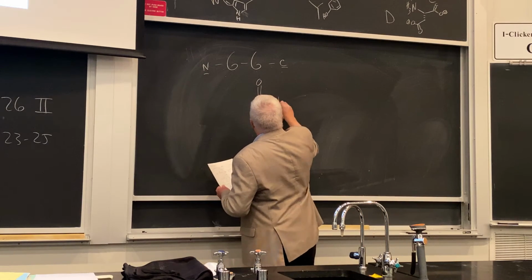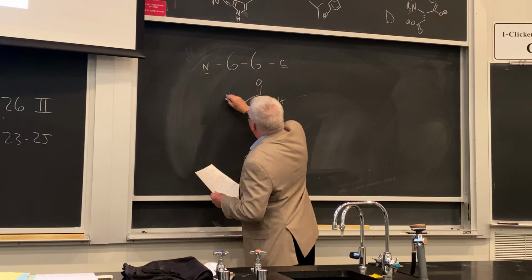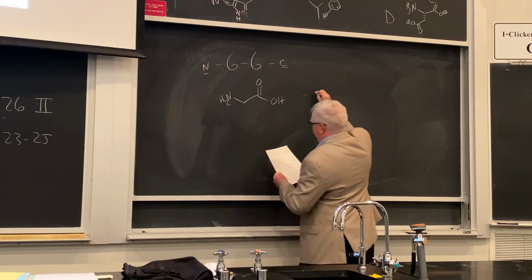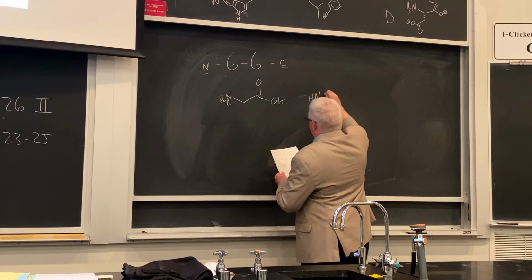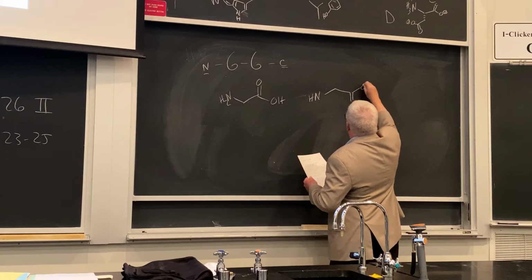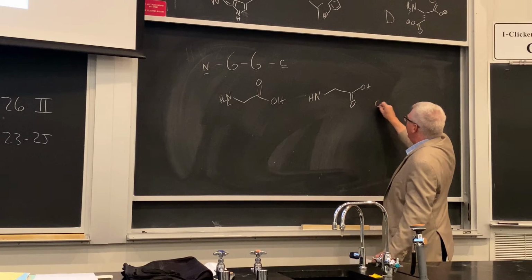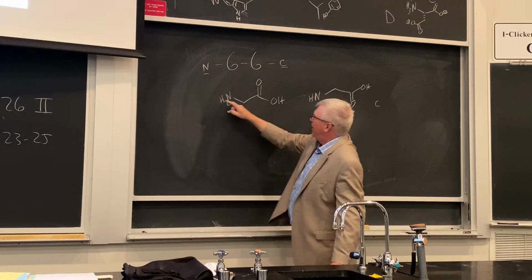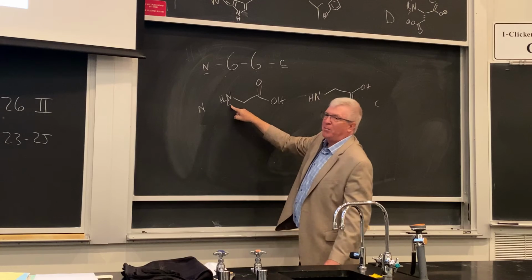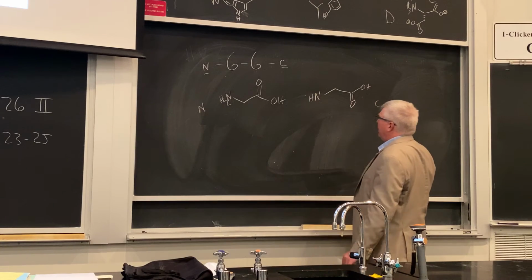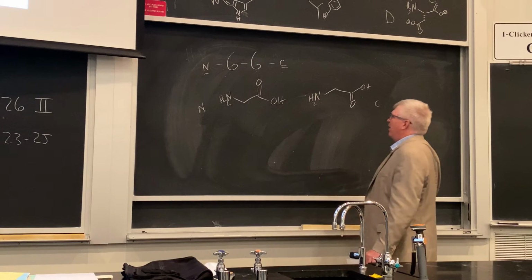Well, draw the two glycines, in neutral form right now. Notice I've got the carboxylate here on the right, the C terminus, and the nitrogen end, the N terminus, here on the left. That's the orientation we always use.